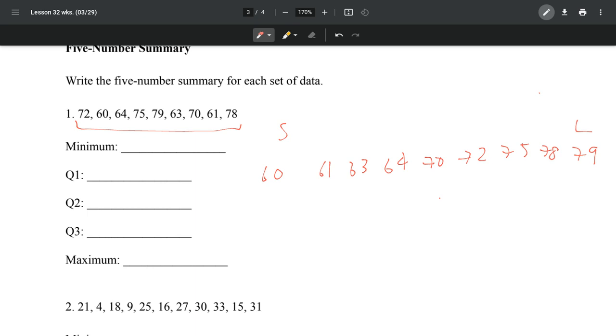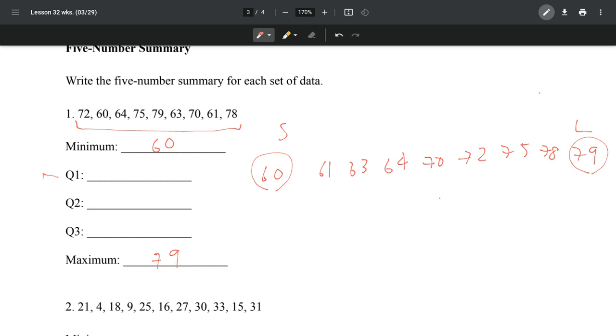And so, after listing them, we can just immediately tell the minimum and the maximum, right? The minimum is the smallest value, and the max is the largest. So our min is 60 and our max is 79.